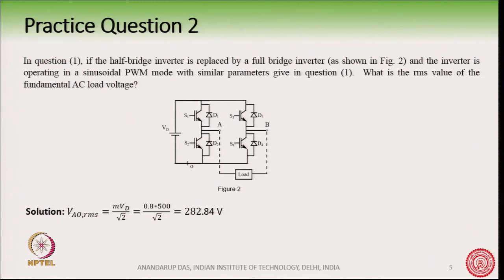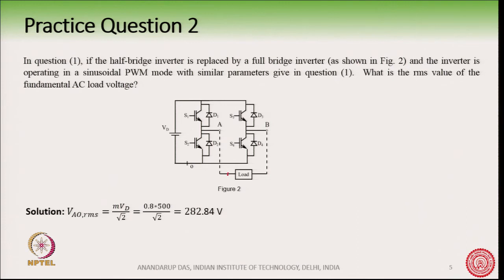Now we have seen that in a full bridge inverter or full bridge converter, the voltage that can be obtained is double the voltage that is obtained from a half bridge converter, because now we have two legs.